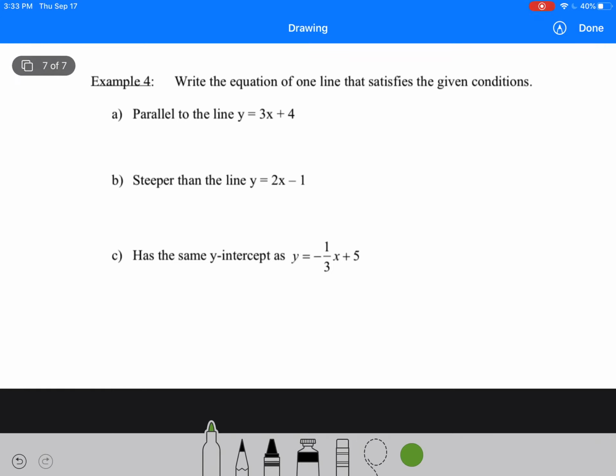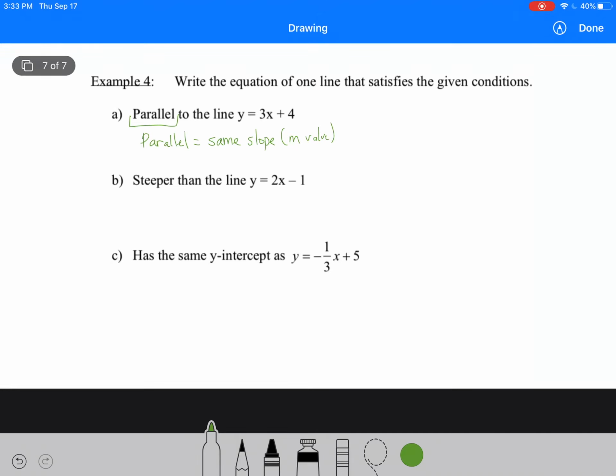Last thing. Write the equation of one line that satisfies the given conditions. You can write anything you like. There is a limited number of right answers here. But what we need to remember today is parallel means they have the same slope, or we can say the m value.